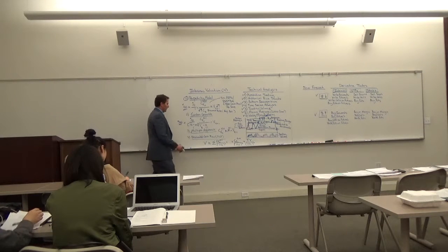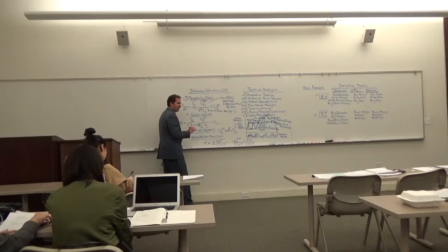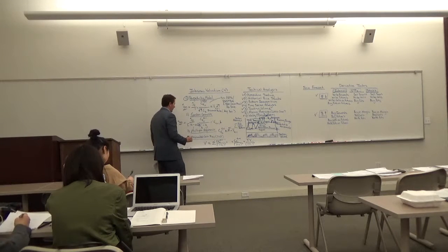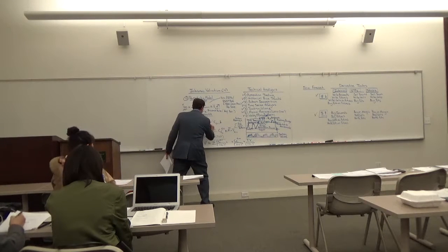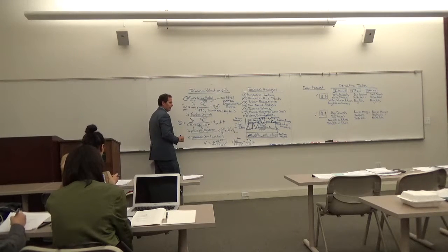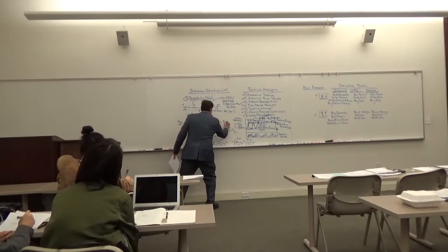So the key here is if this goes up, my expected return or interest rates go up, the value goes down. If the expected growth in the cash flow goes up, the value goes up. If the expected growth in the cash flow goes down, the value goes down.